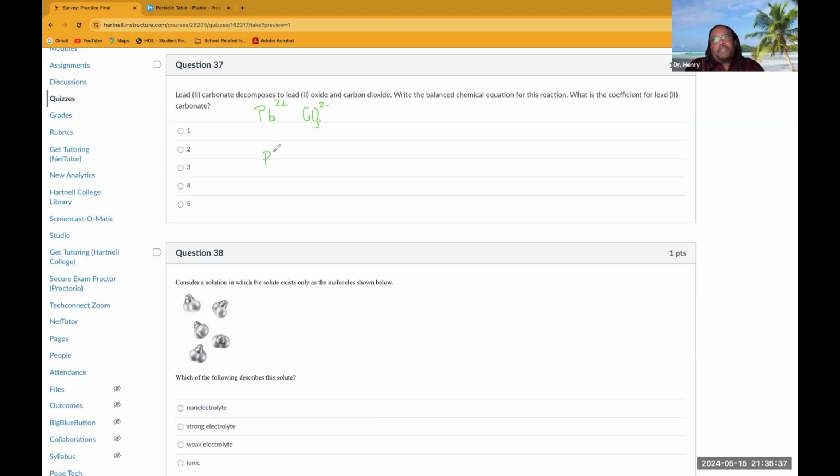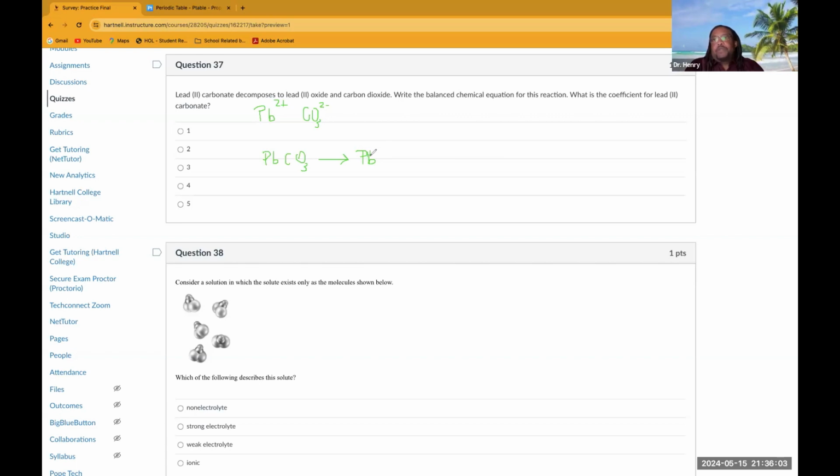So we have PbCO3, and it's decomposing. And it makes PbO. How many oxygens do I need to balance it out?